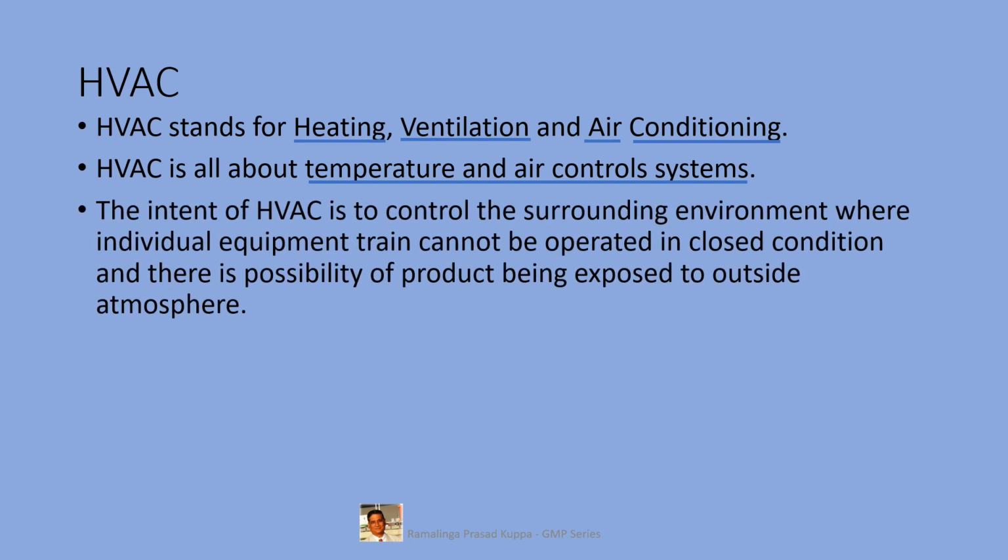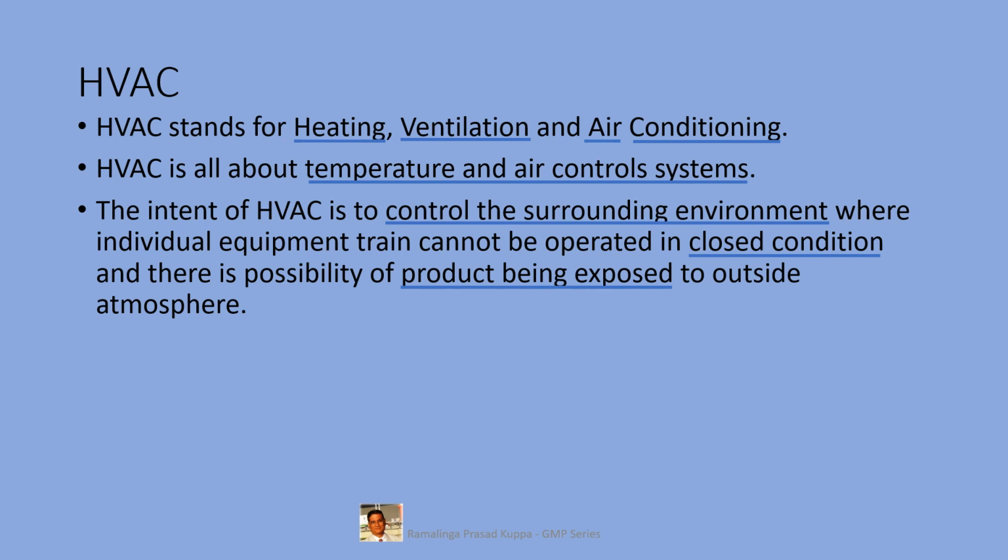The intent of HVAC is to control the surrounding environment where individual equipment cannot be operated in closed condition and there is a possibility of product being exposed to outside atmosphere. There are some plant equipment located outside in semi-controlled areas without any contamination of the product within the equipment.